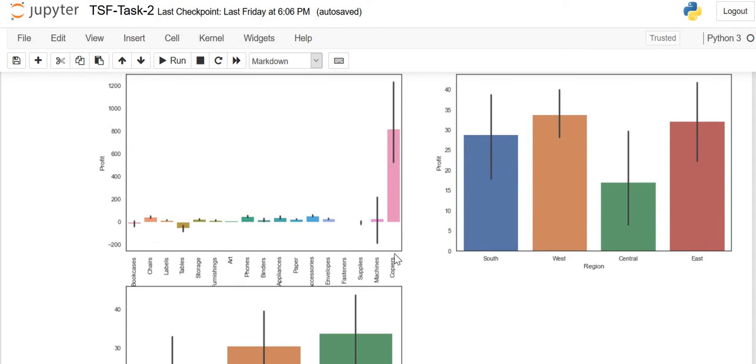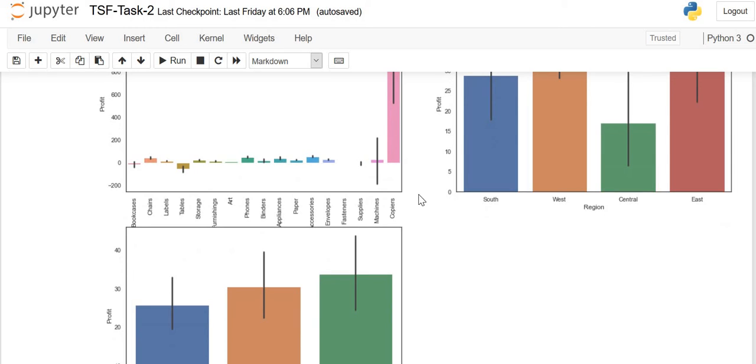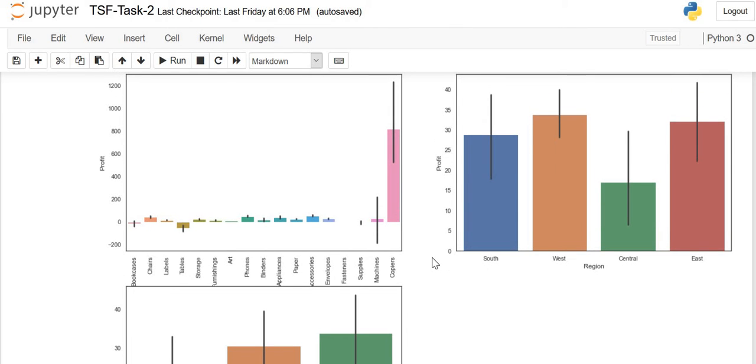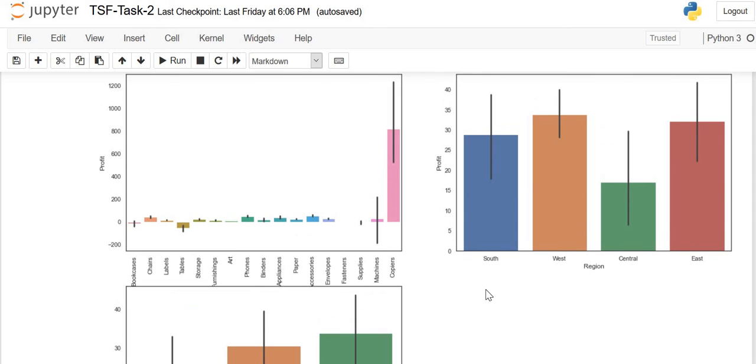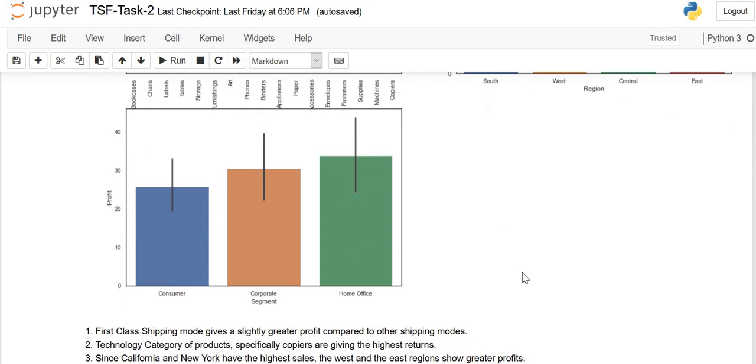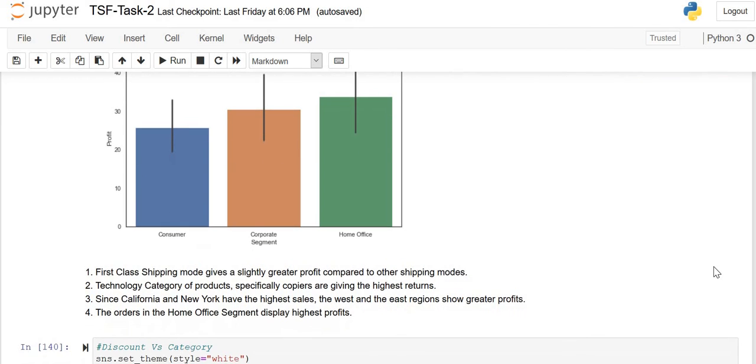In the technology category, the copiers is the subcategory which is fetching the highest returns, and the west and the east regions have higher profits since California and New York have the highest sales. And the home office segment is fetching the highest profits, followed by corporate and the consumer segment.